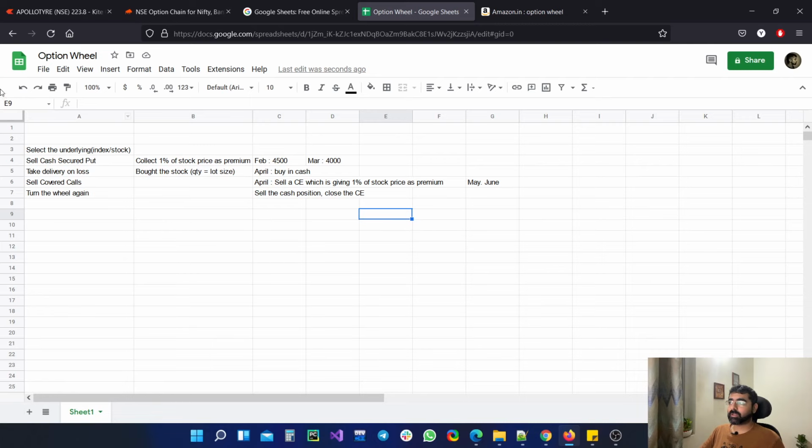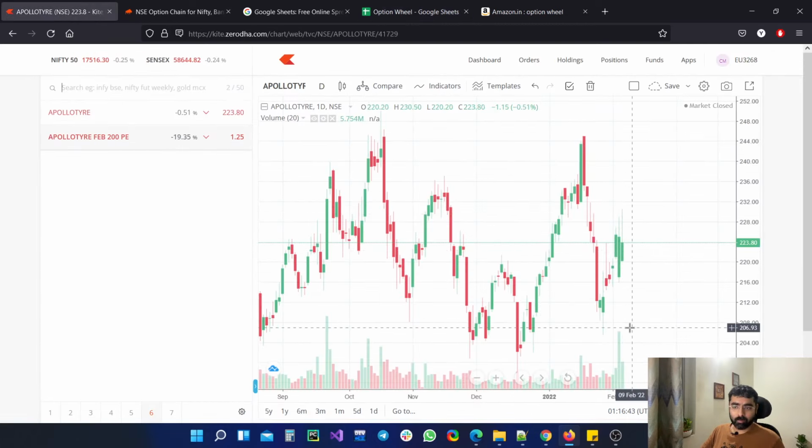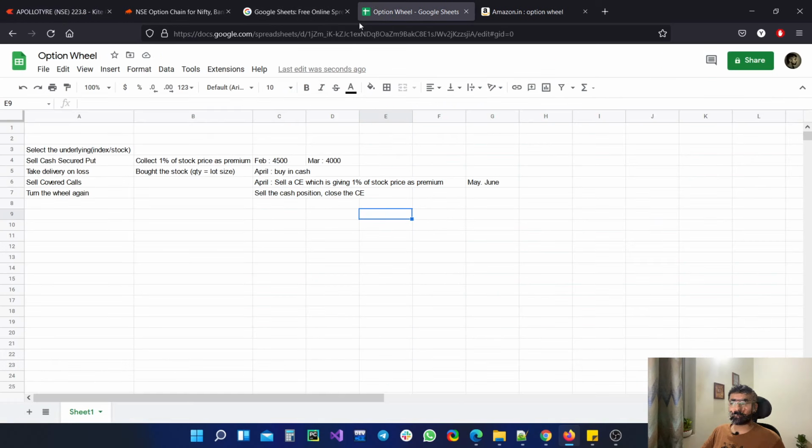So if the stock has come up to 220, so we bought the share at 198 or 200 and then it went to 220. Again at 220, if we are still bullish, we can start selling puts of 200 again. So we are going back to step number 2.